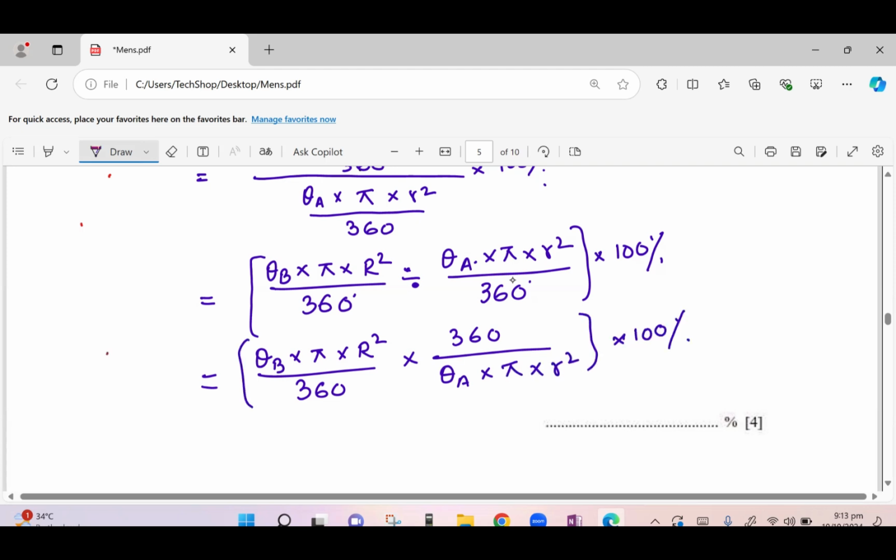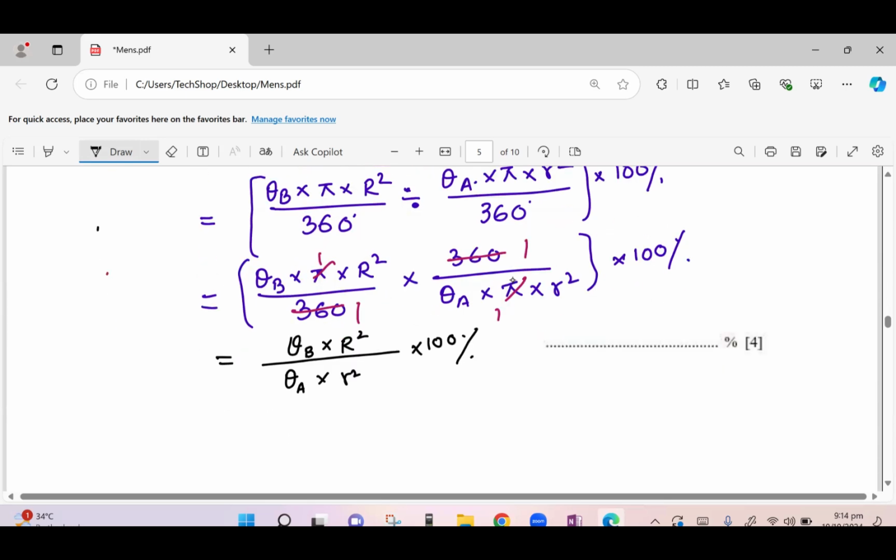Cancel 360 on the 360, pi on the pi, and basically angle B times r squared over angle A times small r squared, into 100%.